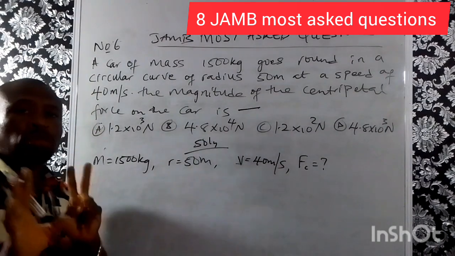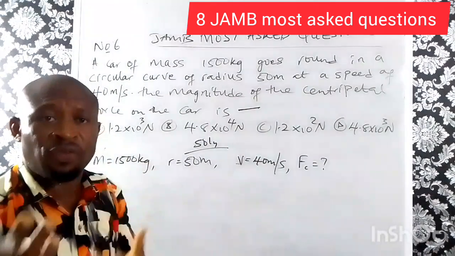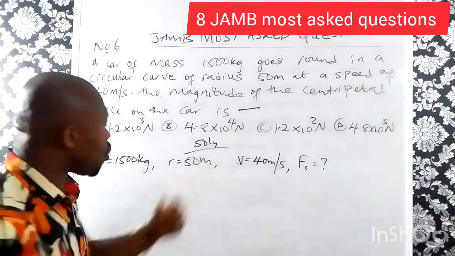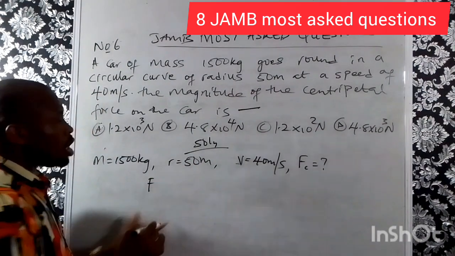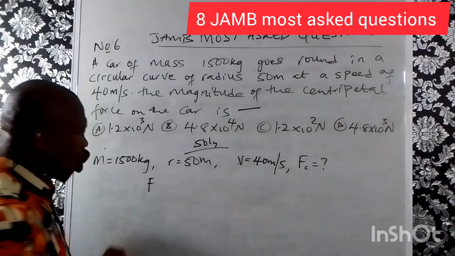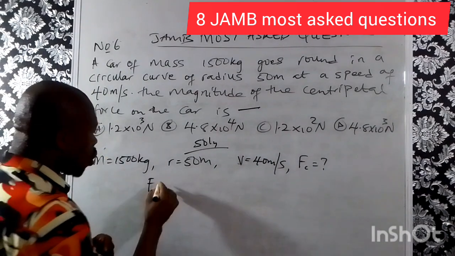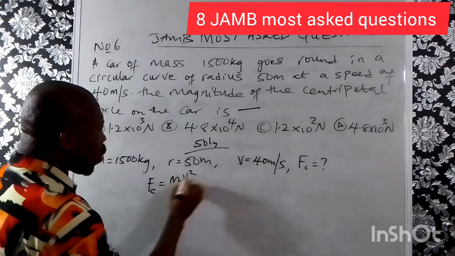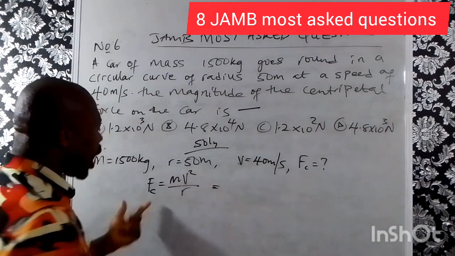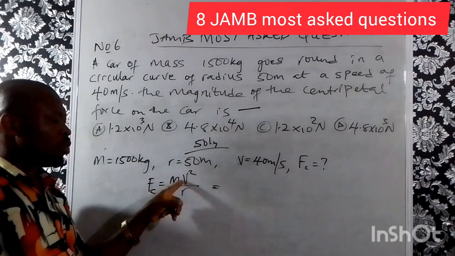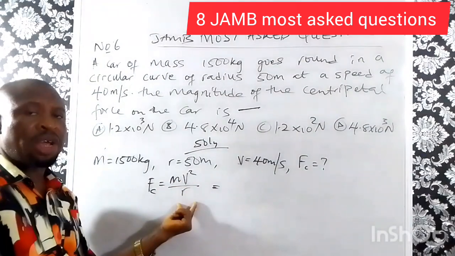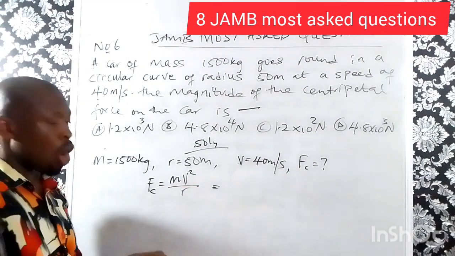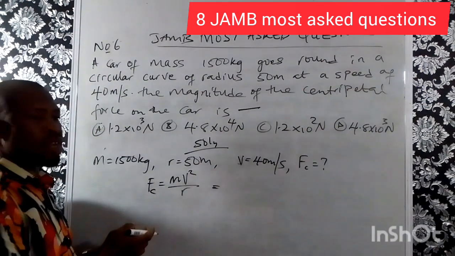Now, there are several formulas for centripetal force, but because of the parameters given to us, centripetal force is mv squared all over r, where m is the mass of the body, v is the speed of the body, r is the radius of the path, and F is the centripetal force.